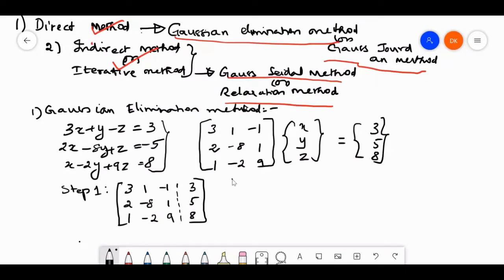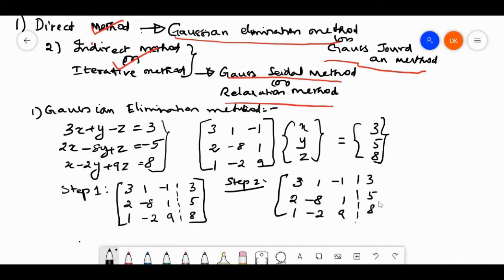And in step 2, we look at the first column. You write it again: 3, 1, minus 1, 2, minus 8, 1, 1, minus 2, 9, and 3, 5, 8.